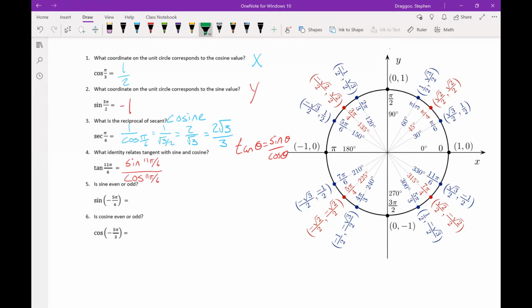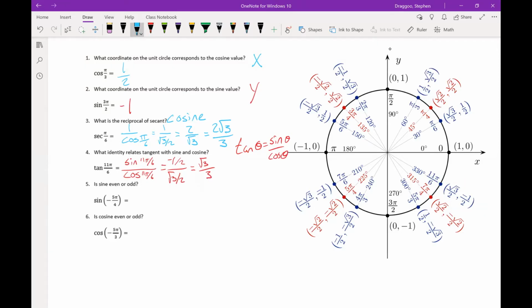So I'll need both the x and the y values from 11 pi over 6, giving me -1/2 over positive root 3 over 2, which simplifies to the square root of 3 over 3.